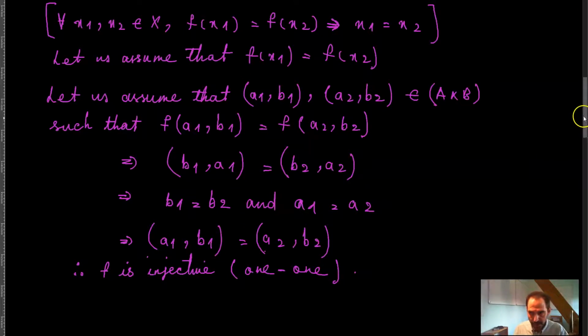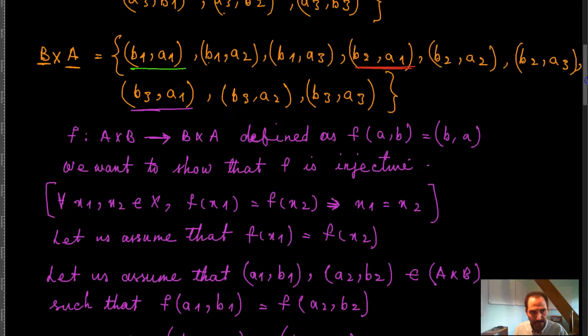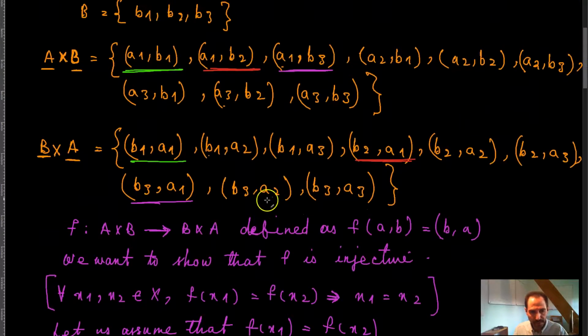The second part, you want to show that f is surjective. And what that means is that every element of the codomain of the function, which is the Cartesian product of b and a, is the image of some element in the domain of the function, a times b, right?